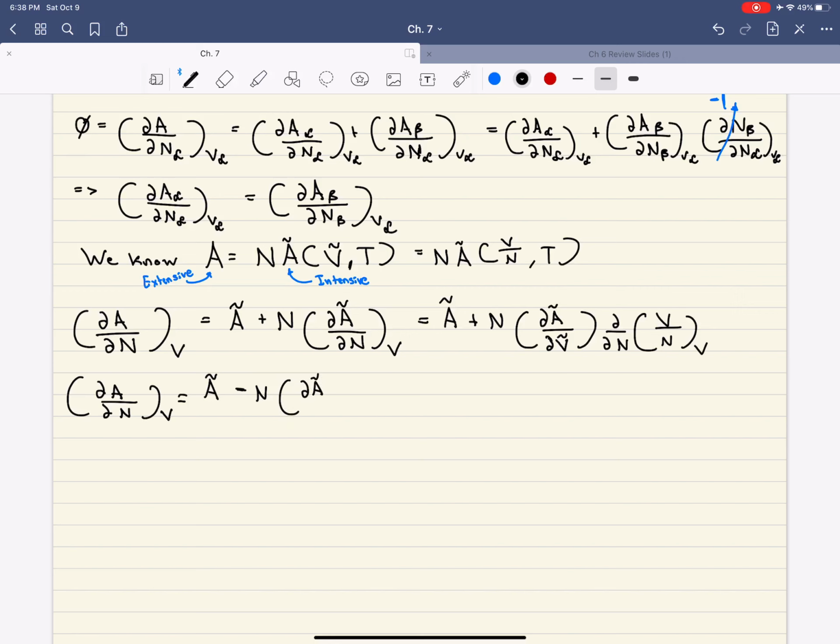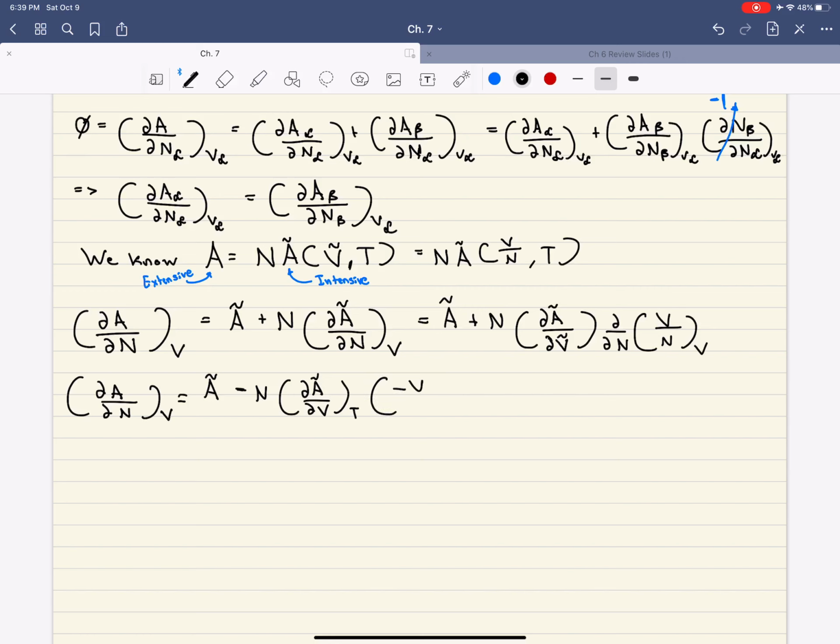dA dV. And I'll write that this is at constant T. And if we take the derivative of this with respect to N, the V is constant, you could pull that out, right? And the derivative of 1 over N with respect to N is negative 1 over N squared, okay?